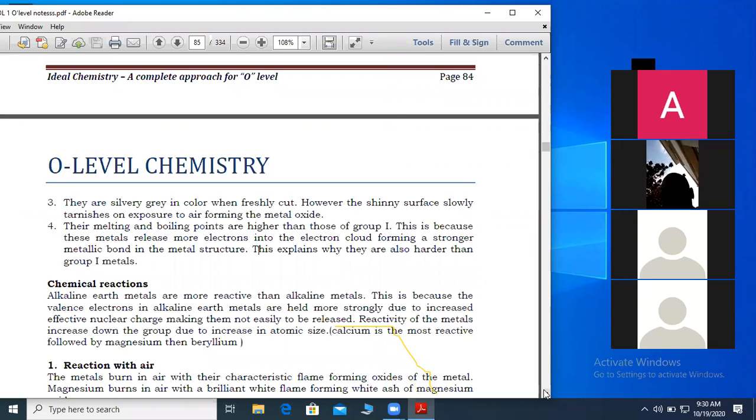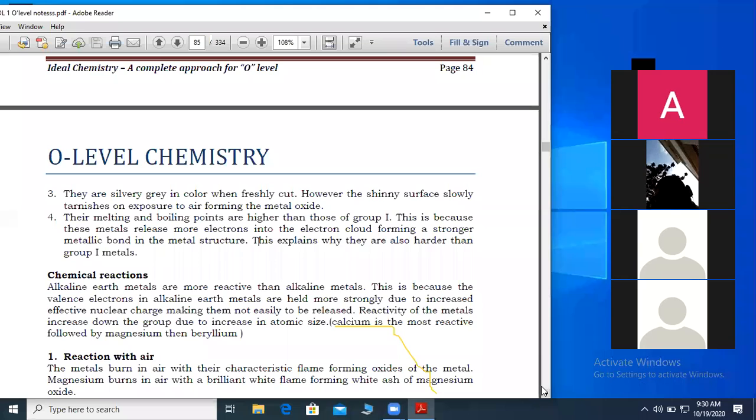Okay, let me remind you to save time. Remember what we said: magnesium, when it is burnt in oxygen, burns with a bright white flame, forming a white solid. The white solid is magnesium oxide. I remember very well, we burned magnesium together, either in class or in the lab.